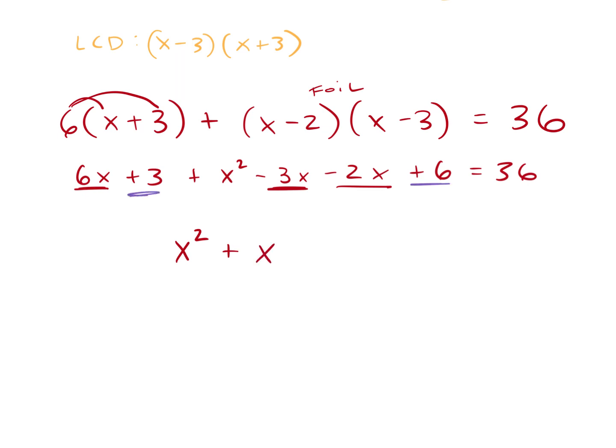And then 3 plus 6 would be 9. Is equal to 36. Oh, sorry, that should be 18, right? I forgot to distribute. So this should be 18 here. 18 plus 6 is 24. That's equal to 36. What should I do next?